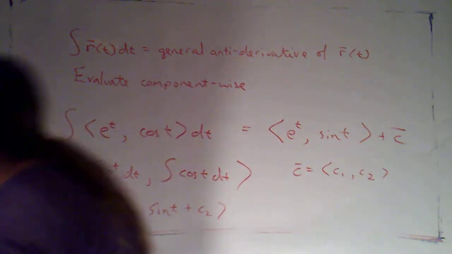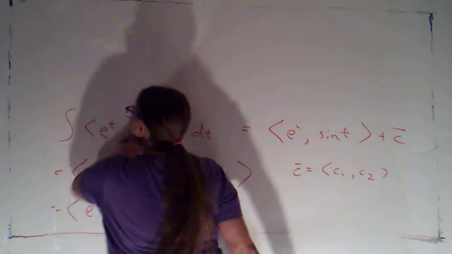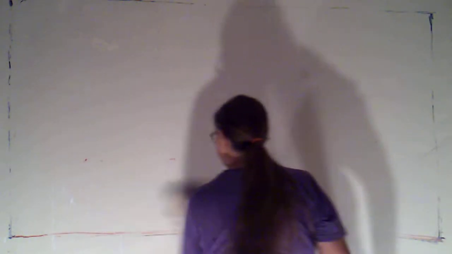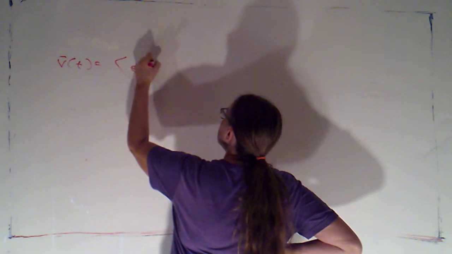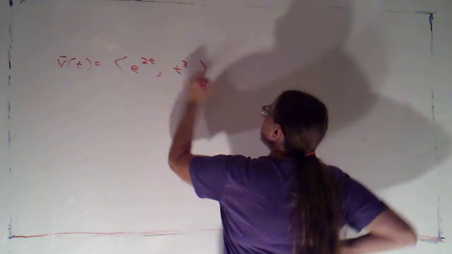I want to just take a look at one application problem here. Let's suppose I have a velocity vector. So let's suppose that I know that v of t is ⟨e^(2t), t cubed⟩.